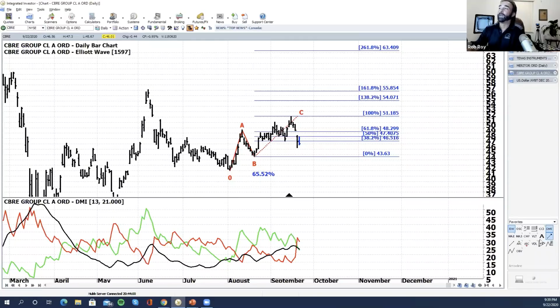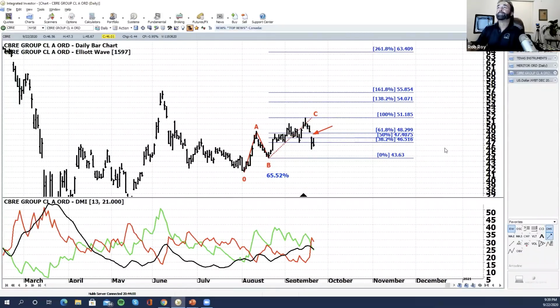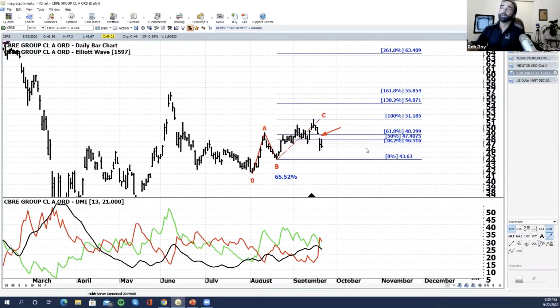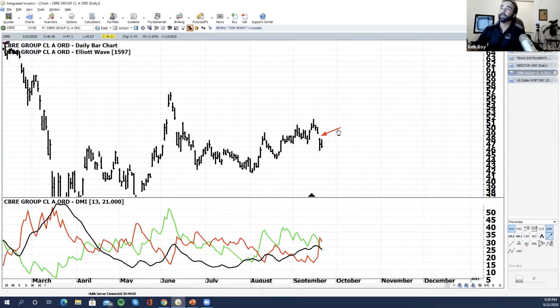Now we have this gap here, so we'll see if it comes back to the upside and takes that out. But it's just one that we wanted to follow and see what happens. Obviously, that was the reason it was not sent out as an alert to our subscribers.